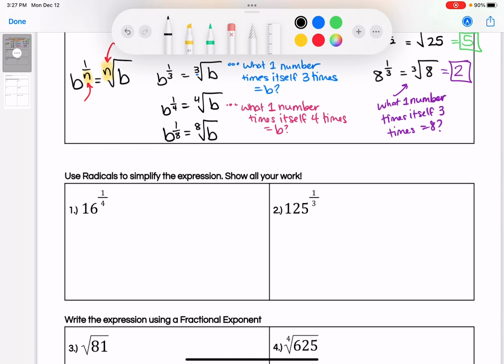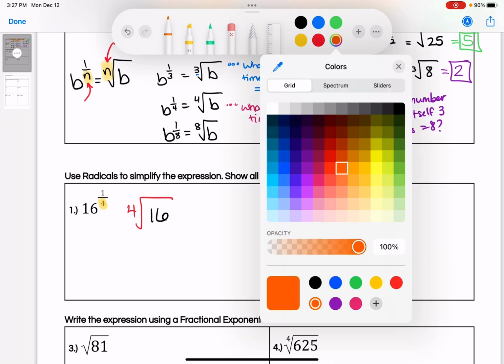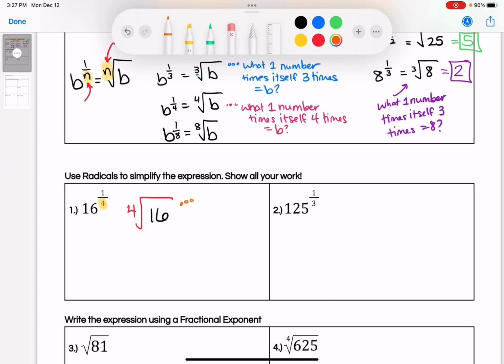So if I have 16 to the 1/4 power, remember that the denominator is the degree of the root. So this really means the 4th root of 16, right? So the 4th root of 16 means what number times itself 4 times?